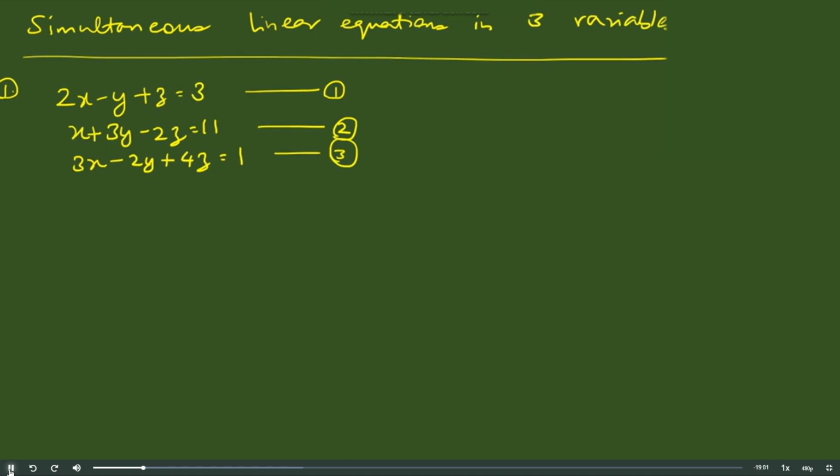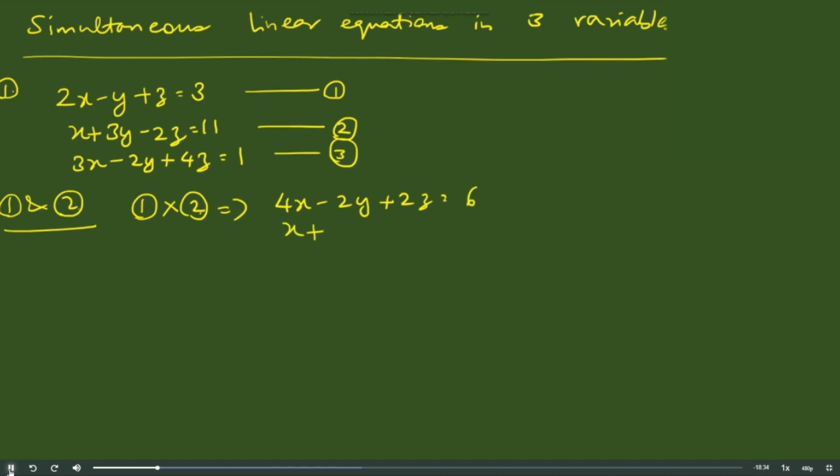So let us take a look at the first and the second equation. Now equation 1 and 2. What is there in equation 1 and 2? 2x minus y plus z is 3. X plus 3y minus 2z is 11. If I multiply the first equation by 2, I will get 4x minus 2y plus 2z is 6.